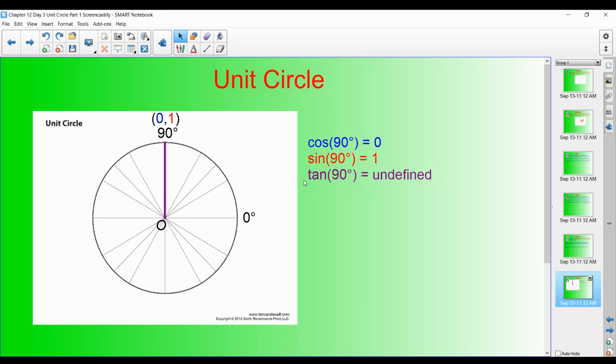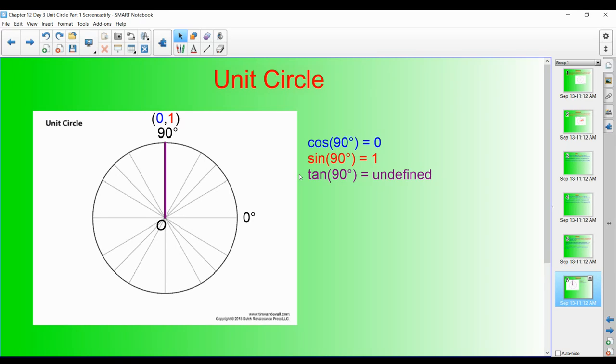And tangent is the slope. So the tangent of 90 degrees is the slope of this line, and this line has an undefined slope. So the tangent of 90 degrees is undefined. If you type any of these three in your calculator, you see cosine of 90 degrees equals 0, sine of 90 degrees equals 1, and tangent of 90 degrees equals undefined.